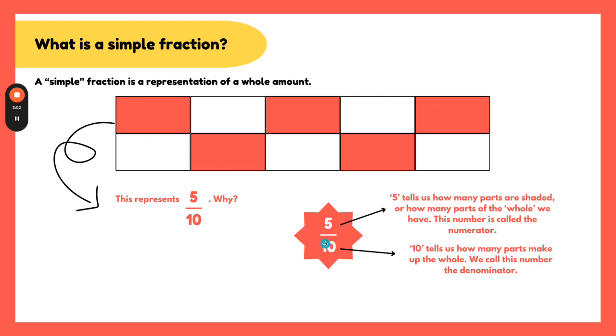So the numerator is the number that tells us how many parts of the whole are shaded, which is 5. And the 10 represents how many parts make up the whole. So 10 is our denominator.